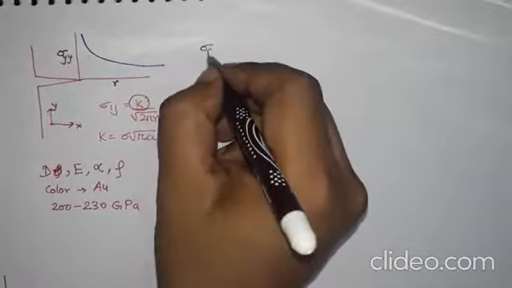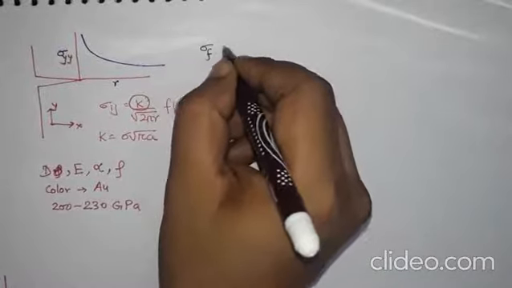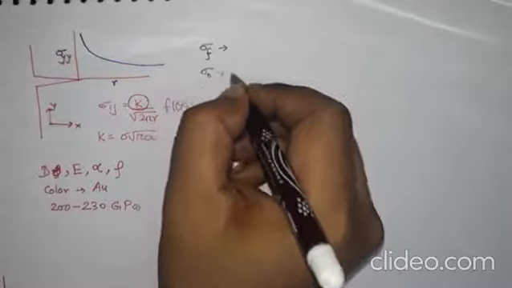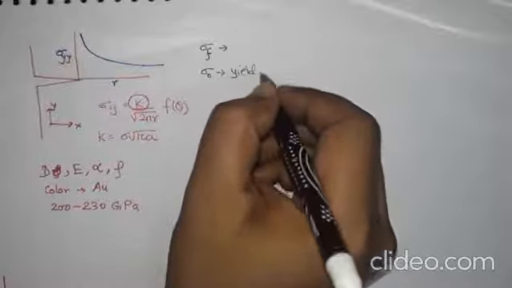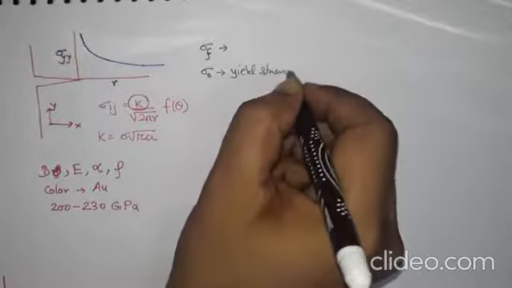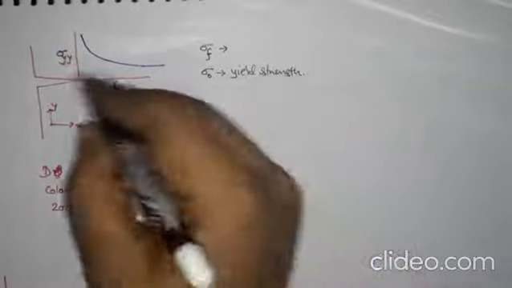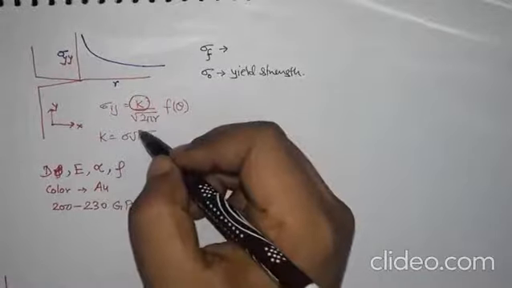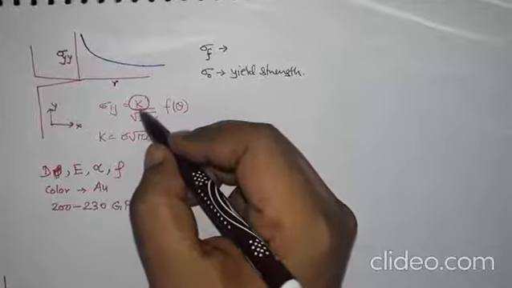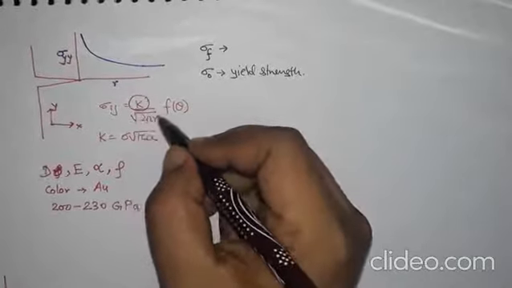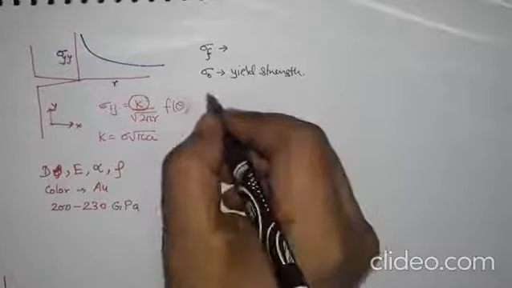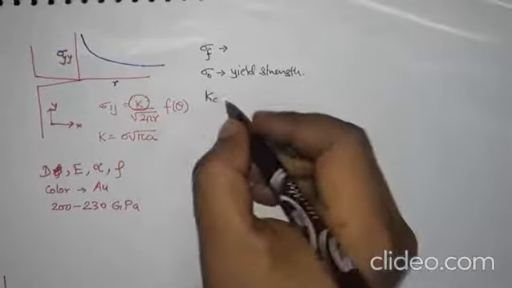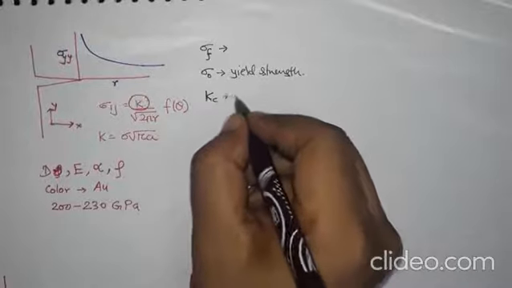So we defined stress as a parameter. We also define sigma naught, which is yield strength, as a design parameter, right? So if we can have a critical value of K, so we apply some stress, and then the K reaches a value beyond which the material will give up, then that will be a critical value of K, and that we can use as a material property.